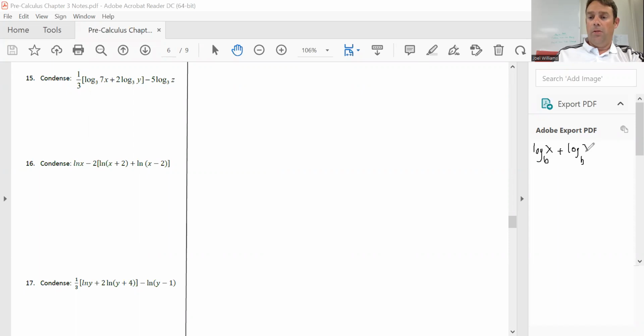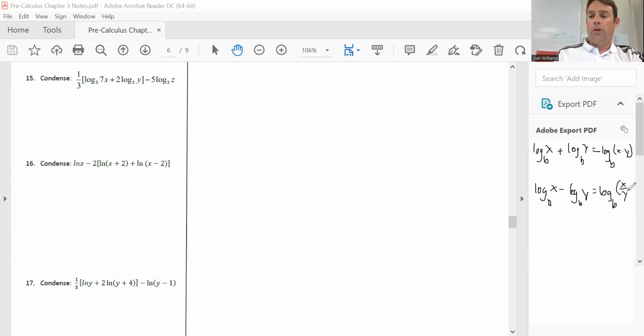So I'm going to keep my rules up here so I can see them. Log base b of x times y. And if I have 2 logs that are being subtracted, I can put them together with division.